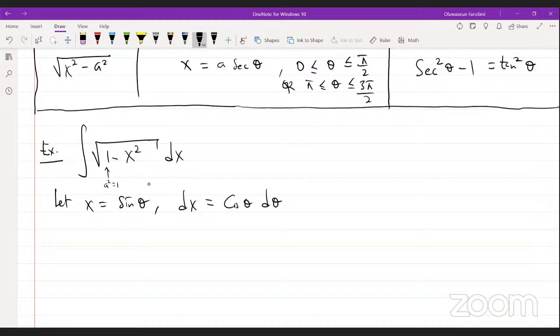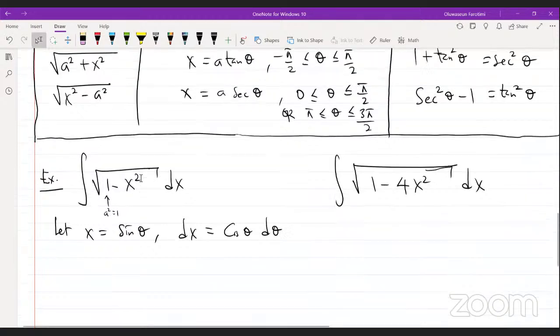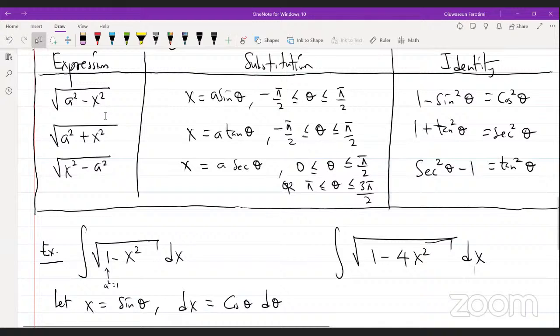So what else can I do, guys? Then I can start plugging in stuff. Now, this is a very basic example, so let me tilt something a little bit. What if we're meant to do something like this? They look similar, but the difference is this constant 4 that I have right now. So what do I do, guys? This still looks like my first expression, a squared minus x squared.